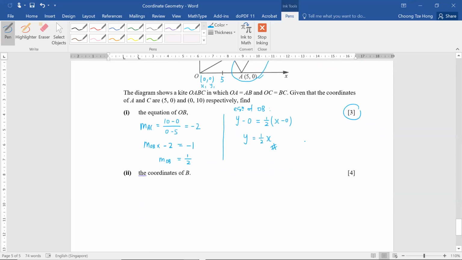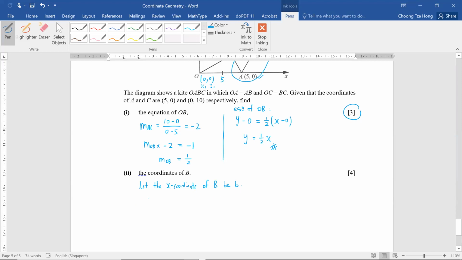So the first step, we'll let the x coordinate of B be b, okay?